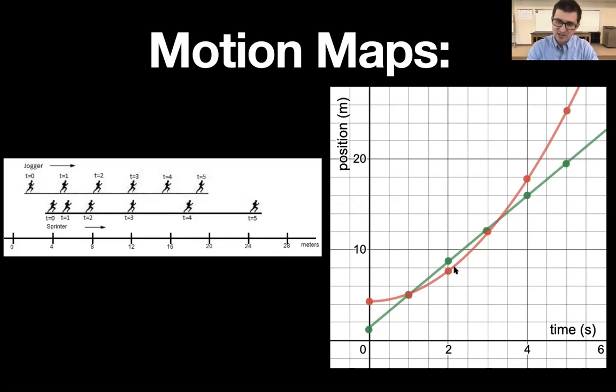And it looks like it's somewhere around the 2 second mark. The tangent slope would be parallel to the average velocity of the jogger. So that's just a different way that they might show you motion, and you need to be familiar with it.